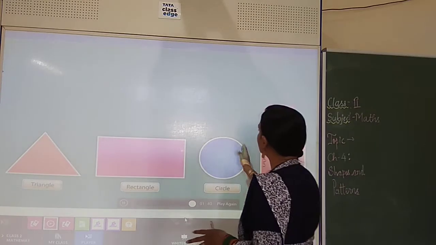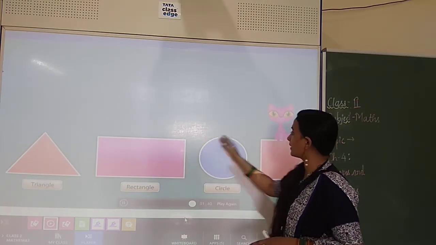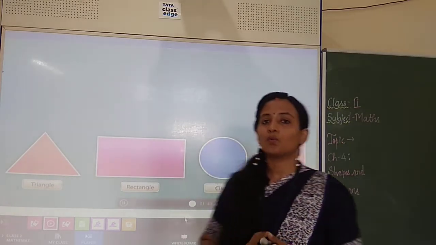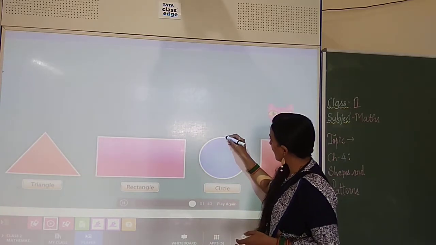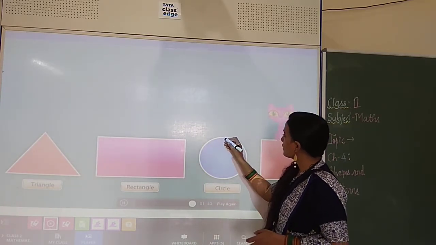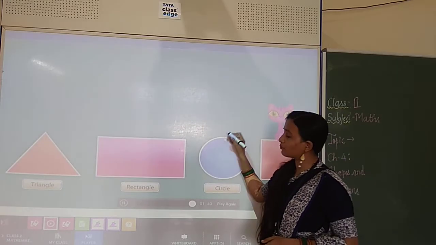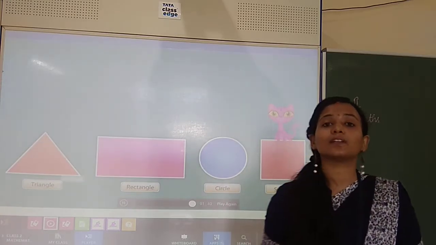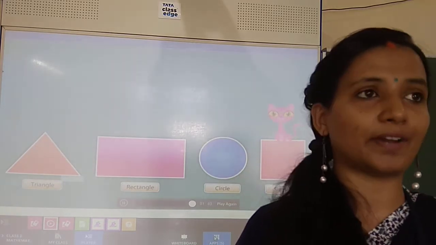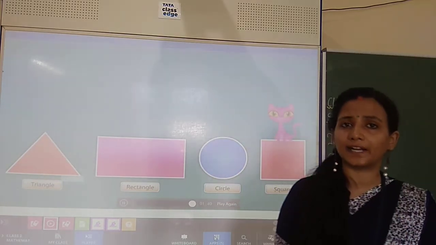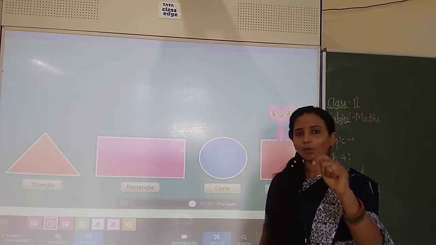Okay, a circle is having one periphery. When we start from one point, we go all the way round and come to the same point. That is your circle. And how will the circle form? Do one thing.